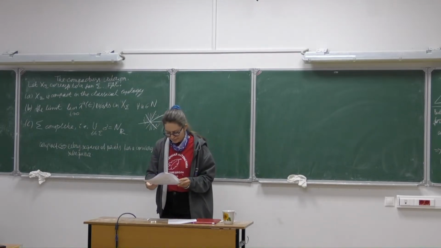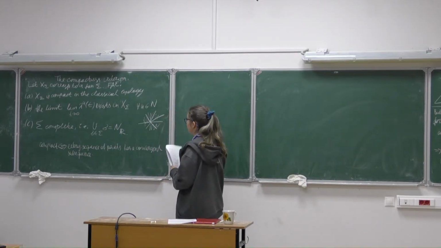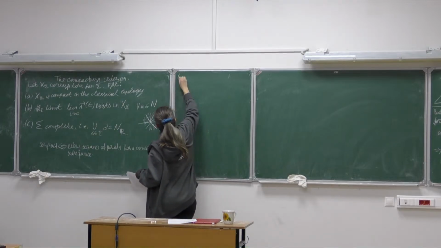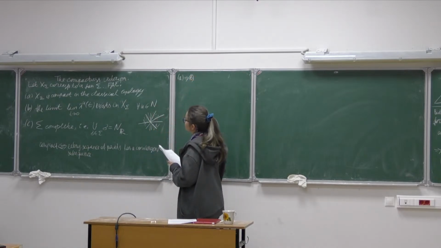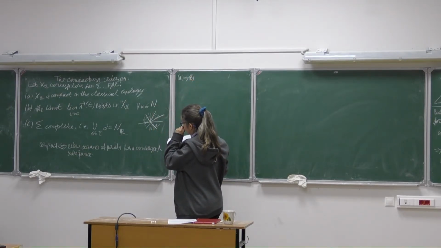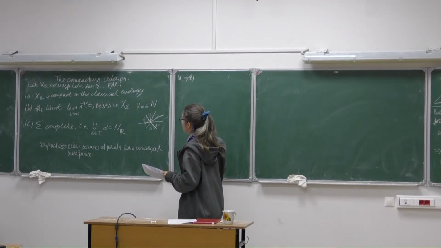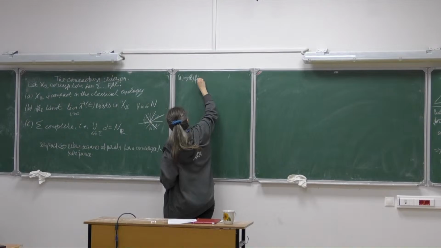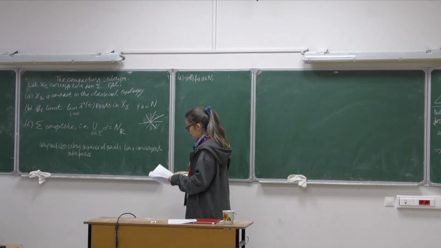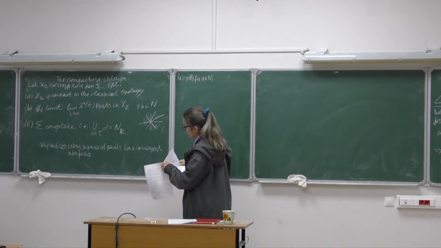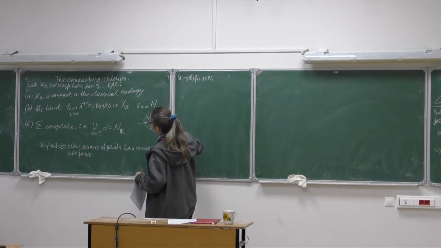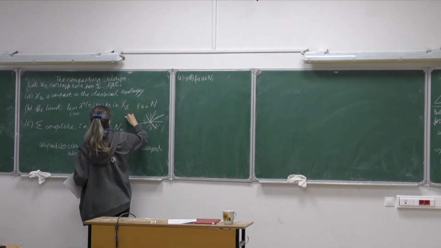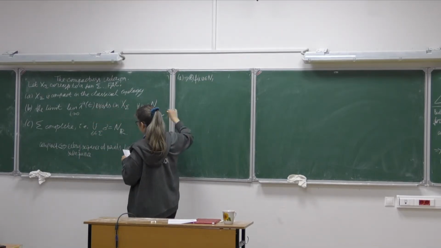So let us start. First, A implies B. So let us fix u in N. And we assume that X sigma is compact. We want to show that this limit exists for each u.